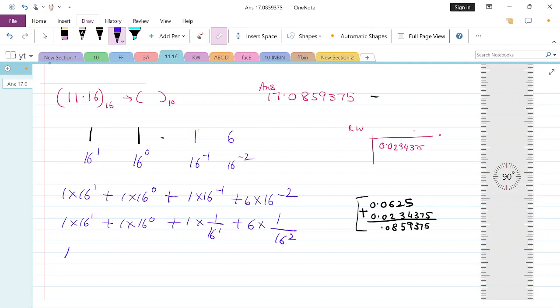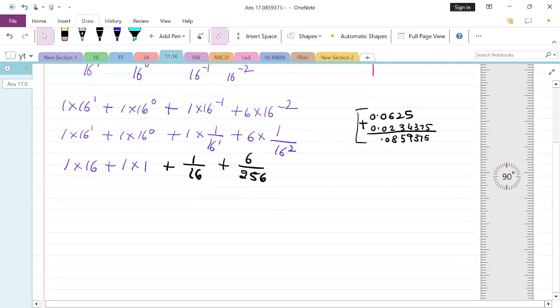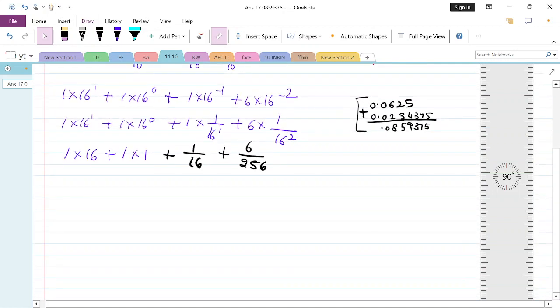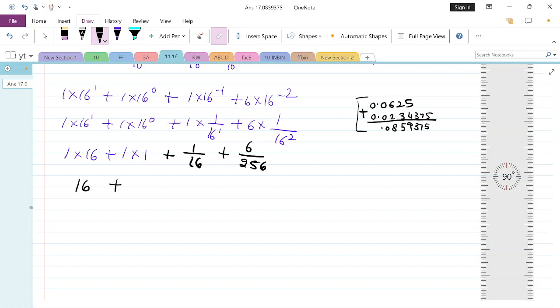So this becomes 1 into 16 plus 1 into 1, and this becomes 1 by 16 plus 6 by 256. Here the whole number portion calculation is slightly easy. So that becomes 16 plus 1, which gives me 17.